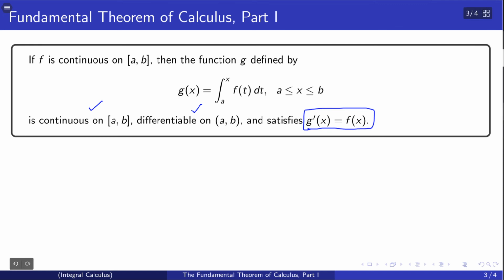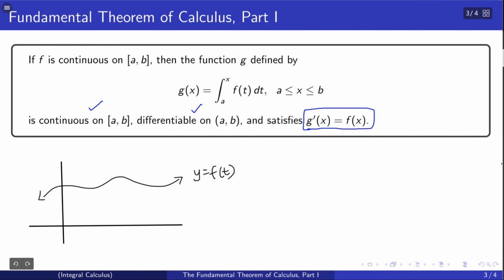Okay, and you can think about it in this way, in the sense that if I start with any, so let's draw some axes here. If I start with any function f, right, so let's say this is my f of t, and I have an a, so I cut it off there.